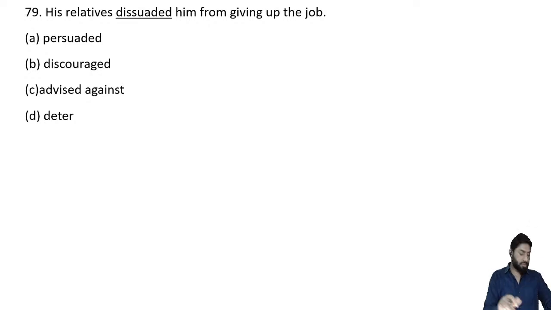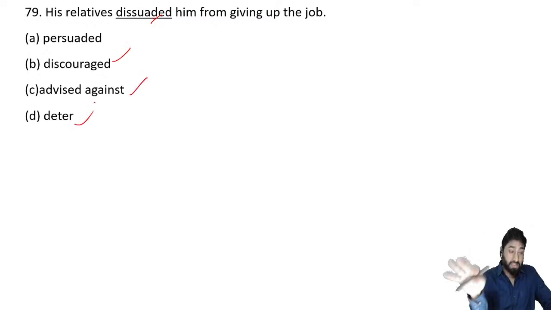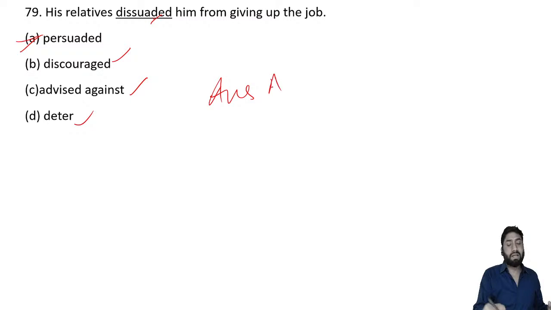Dissuade negative, persuade positive, right? So dissuade कर रहे हो तो discourage कर रहे हो, advise against कर रहे हो, deter कर रहे हो, you stopping that person from doing something, dissuading that person from doing something, right? Discouraging some person, deterring that person from doing something. So finally जो हमारा opposite छूटता है वो है persuaded. So the answer is A. That's the antonymous. Now next.